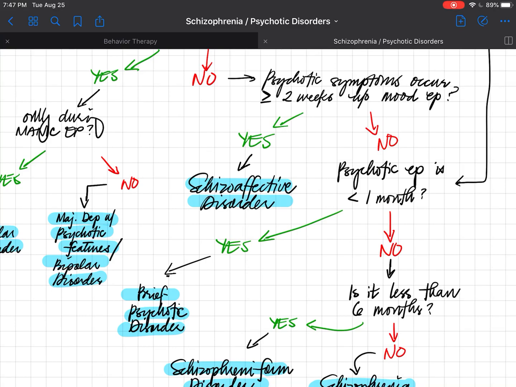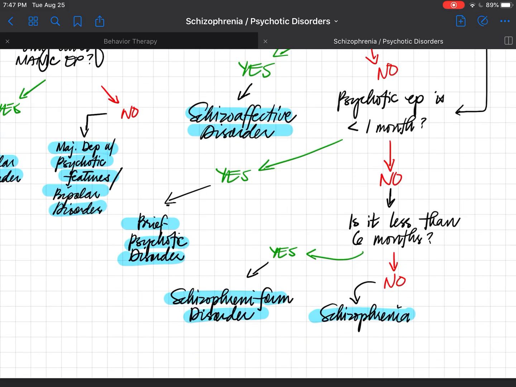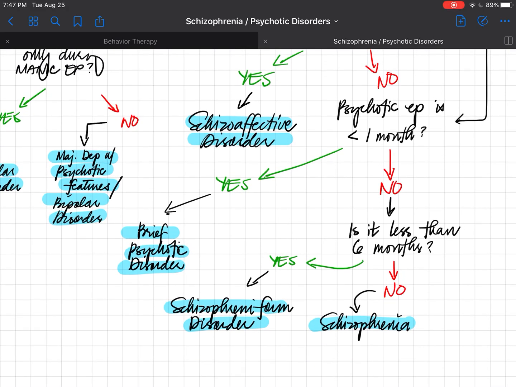Or if no, so meaning mas mahaba siya sa 1 month, pero mas maiksi siya sa 6 months. Ayan ha, take note. Mas mahaba sa 1 month, but less than 6 months, then it's a schizophreniform disorder. And then if it's longer than 6 months, then it's more likely schizophrenia.